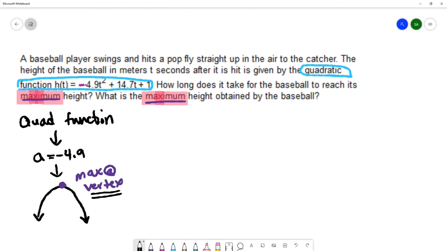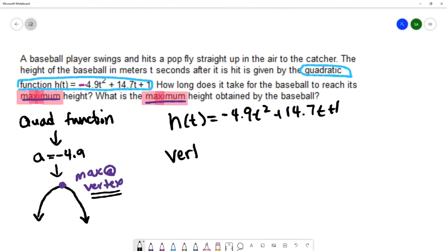So we've got our function h of t equals negative 4.9 t squared plus 14.7 t plus 1. We have a formula for finding the vertex, and that formula for the vertex is usually labeled as (h, k). And I know that's a little bit confusing because this is labeled as an h. So let's just keep in mind that that is h representing height.